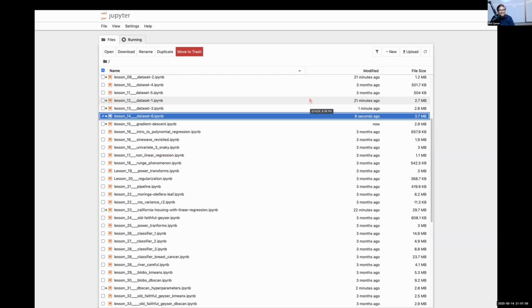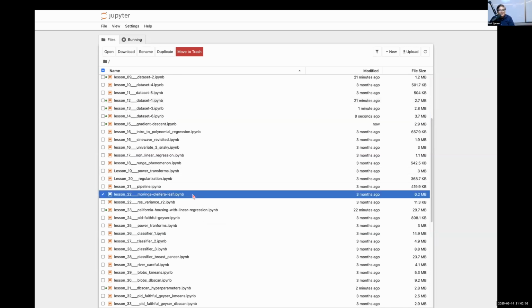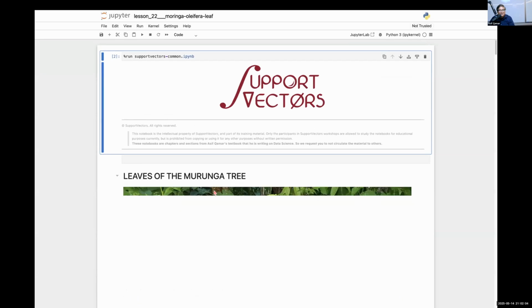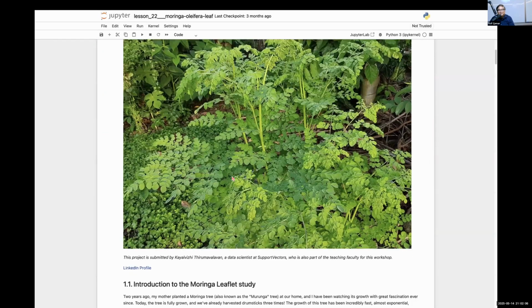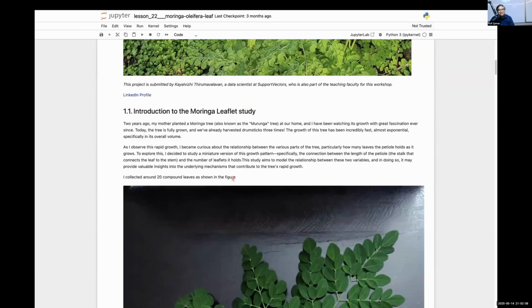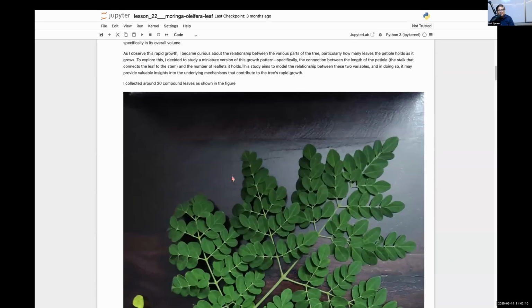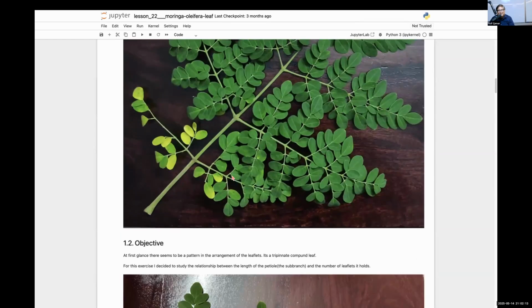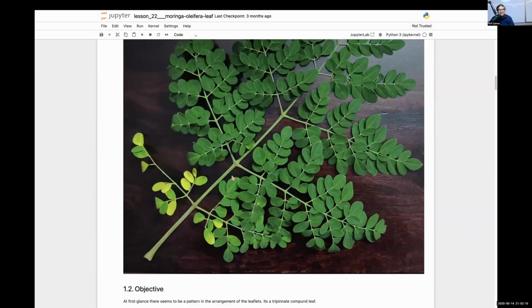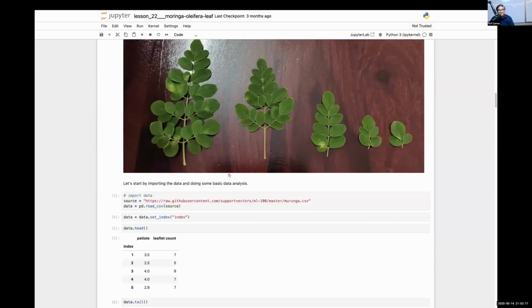Any other questions, guys? There was another little example one of our people did. You look at these moringa leaves. Suppose you ask this question, and this was actually one of our students who did it. We gave them as an exercise. We said, go measure the size of the leaf, how long it is, and how many leaves it has.